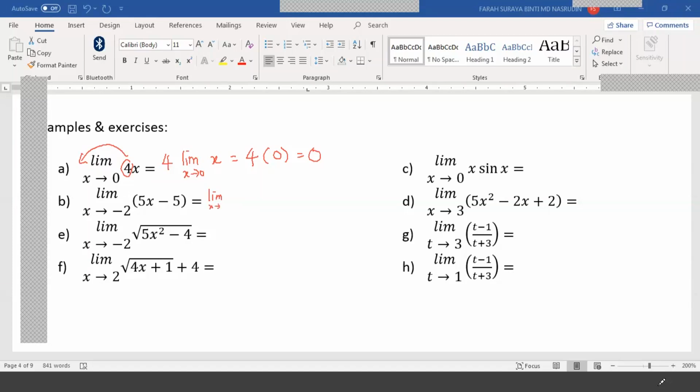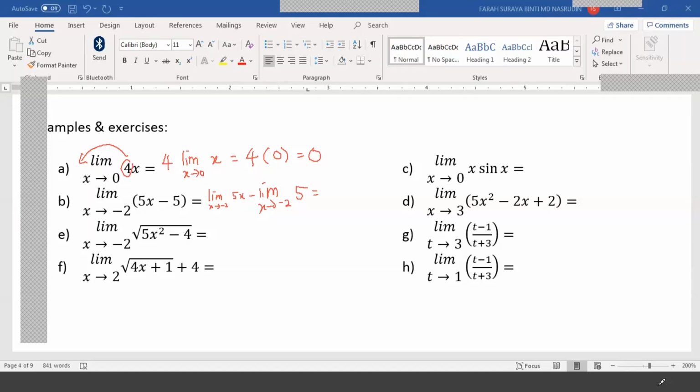X approach negative 2 for the first function and then minus with the second function. Okay, limit for 5x minus limit for 5. Okay. And then kita buat macam ni.